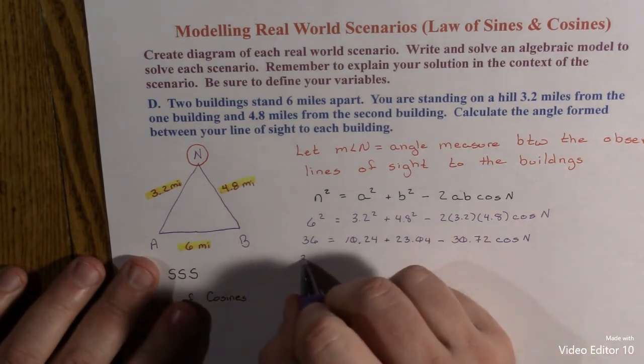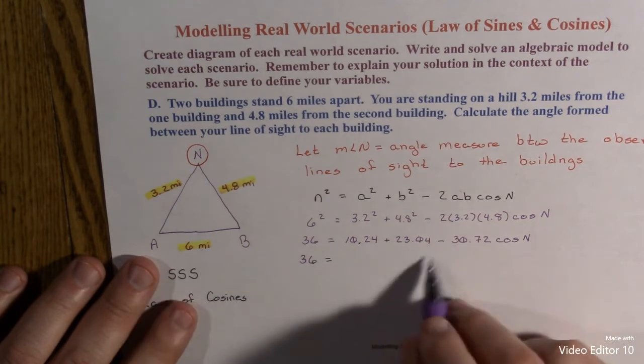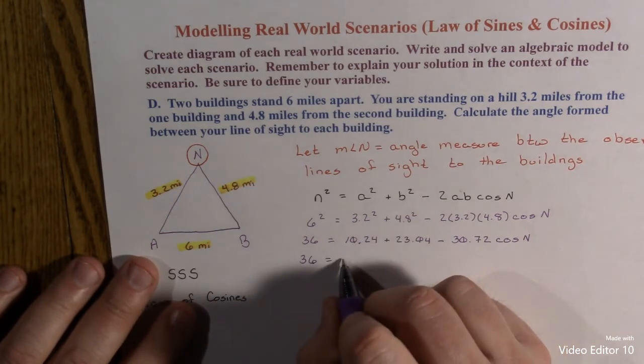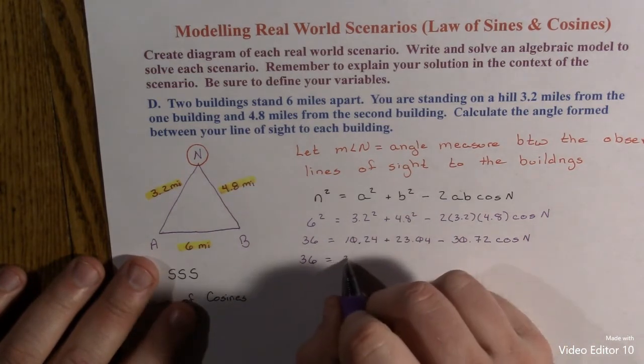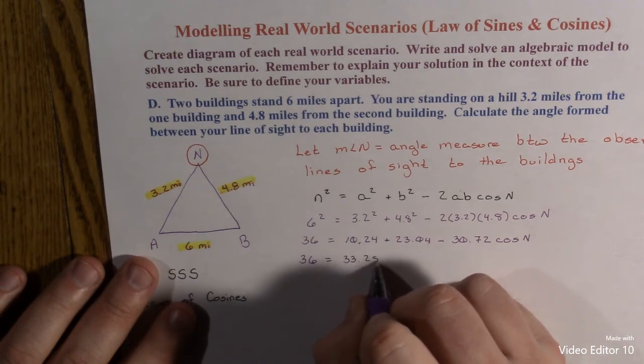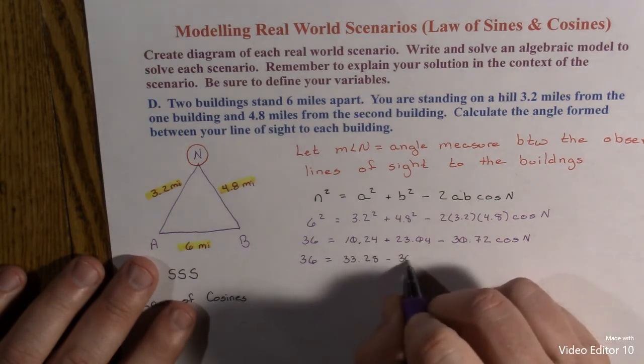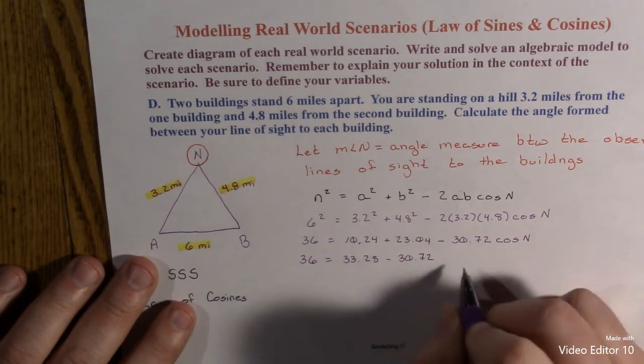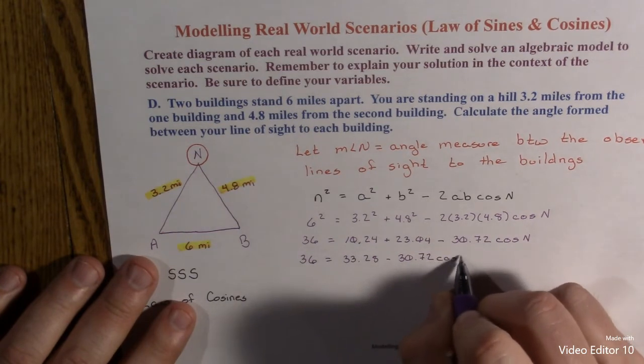Continuing that, we were able to combine the two constants on the right hand side. So we now have 36 is equal to 33.28 minus 30.72 times the cosine of N.